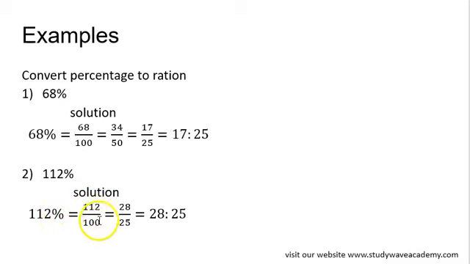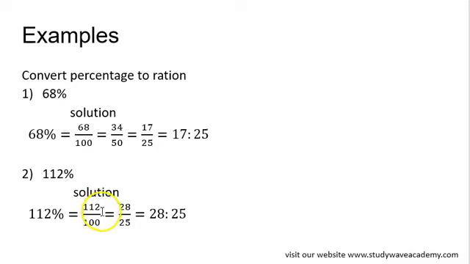So we have 112/100. We have to divide this till it gets to its simplest form. You can use any number that can divide it to get to its simplest form, but make sure the number you are using to divide will not have a remainder.